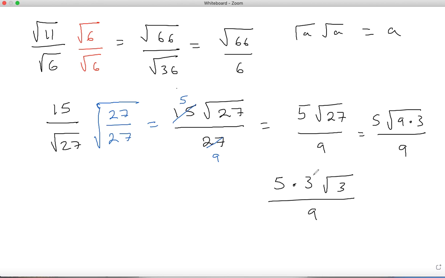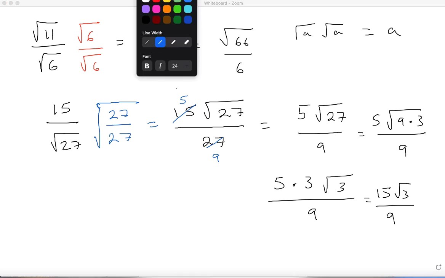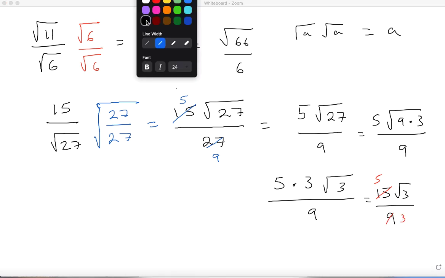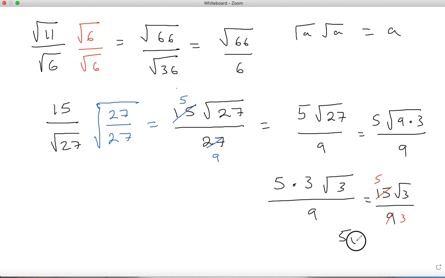That would be 15 root 3 over 9. That would reduce down: 3 goes into 15 5 times, and 3 goes into 9 3 times. So that would be 5 root 3 over 3. So that was one way to get there.